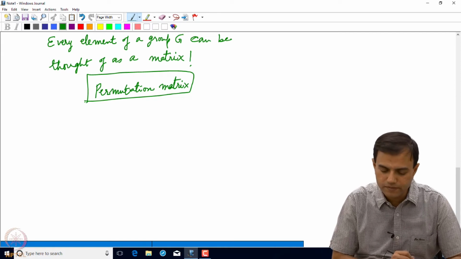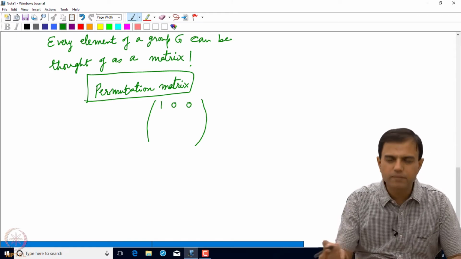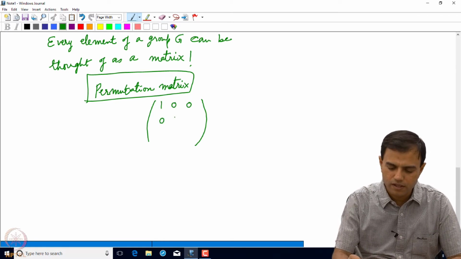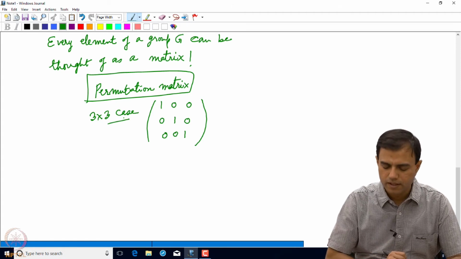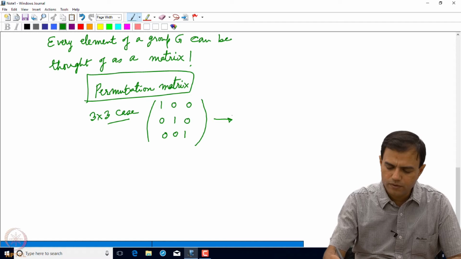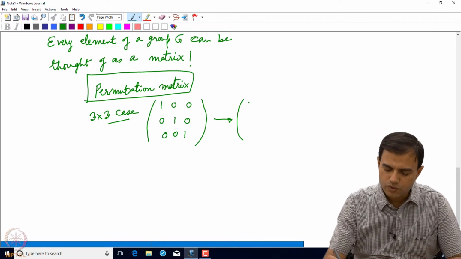So what is a permutation matrix? Well, you take the identity matrix. I am giving an illustration of the 3 by 3 case. And then you just permute rows or columns. So here let's permute rows. So I have say 0, 1, 0, 0, 0, 1, 1, 0, 0.